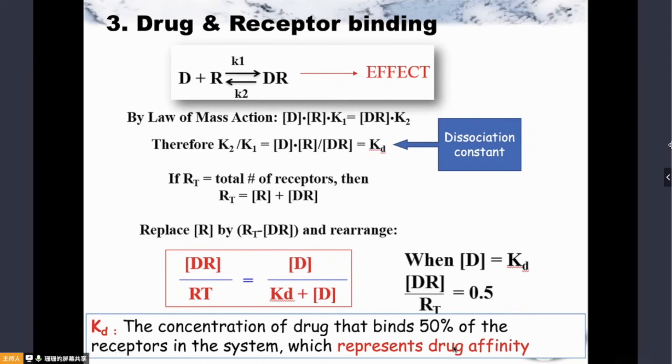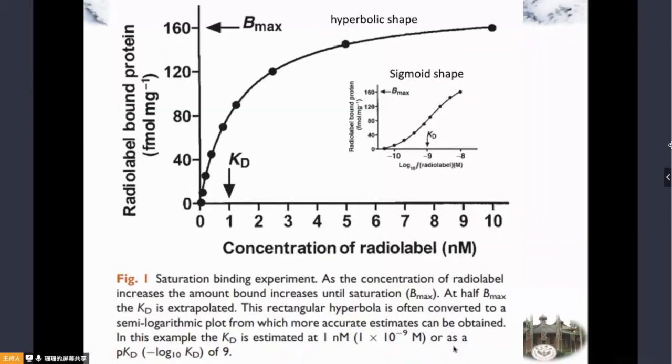And this drug receptor binding kinetics can be calculated in vitro by experiments. We use radio-labeled drugs and isolated receptors, and in vitro we can draw this curve between drug concentration and the binding capacity. Okay.